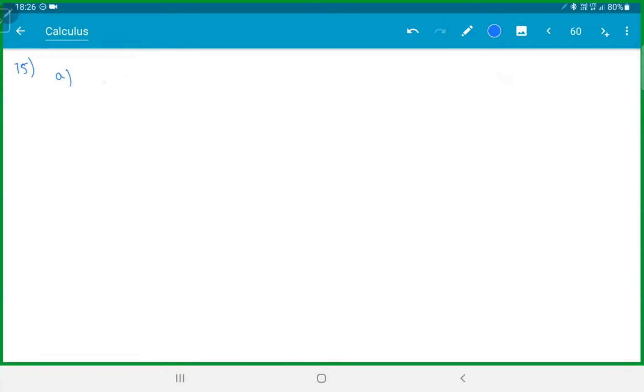Let's take a better one. y is equal to x cubed by 3 minus 3x square by 2 plus 2x plus 1. So this is some kind of a function. The question is find the maximum and the minimum value of y.